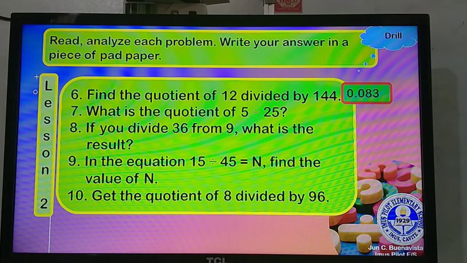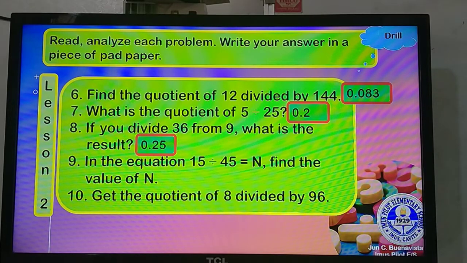For number 7, what is the quotient of 5 divided by 25? So 5 divided by 25 equals 2 tenths. Very good. Then for number 8, if you divide 9 by 36, what is the result? So 9 divided by 36 equals 25 hundredths. For number 9, in the equation 15 divided by 45 equals n, find the value of n.